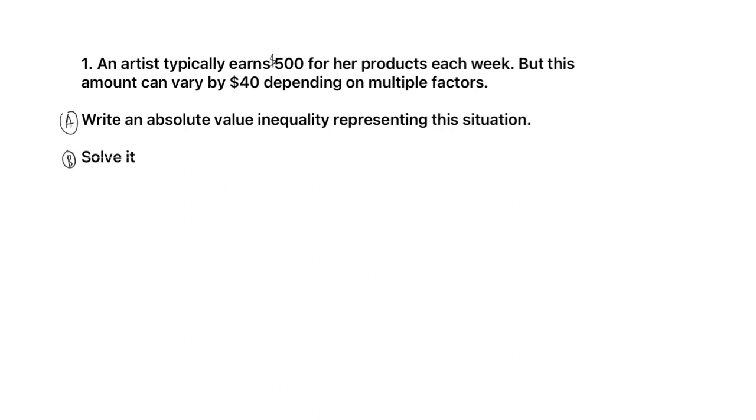I have found that the following structure is pretty helpful for these particular problems. We would say |x minus the typical amount| has to be less than or equal to the varied amount.